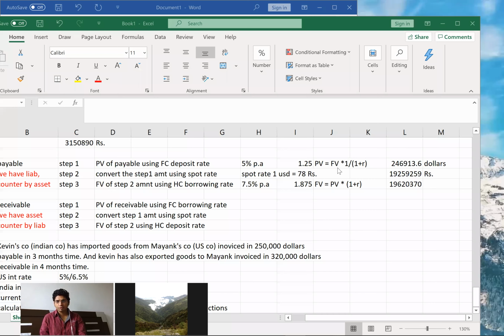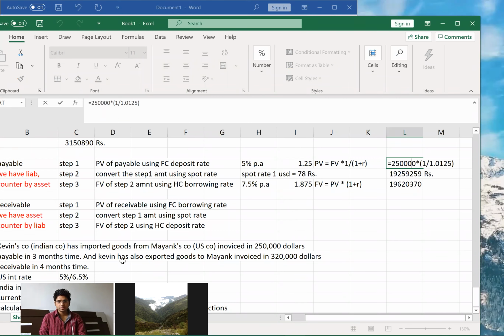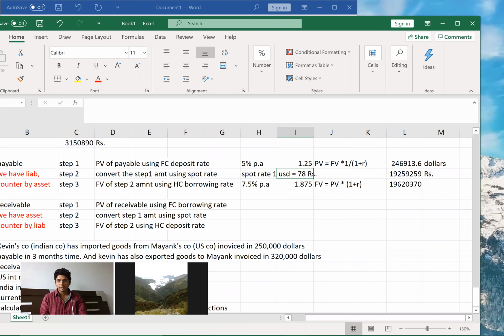So present value equals future value into 1 upon 1 plus R. That is 2,50,000 into 1 upon 1 plus R. So that is 2,46,000. That 2,46 I converted at spot rate. Spot rate is given, 78. So multiply 2,46 into 78. That gives me the amount in rupees.